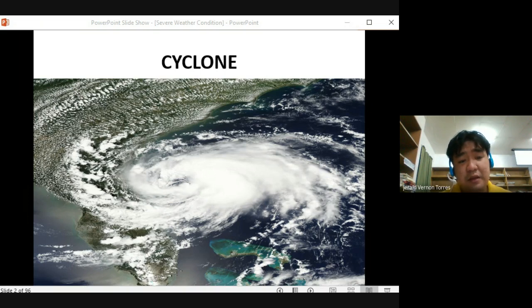Kasi meron tayong tinatawag na typhoon basin, hurricane basin, saka cyclone basin. So technically, yung name nila magdedepende kung saan sila nabuo. Magiging hurricane siya kung nabuo siya sa hurricane basin, magiging typhoon siya kung nabuo siya sa typhoon basin, magiging cyclone naman siya kung nabuo siya sa cyclone basin.